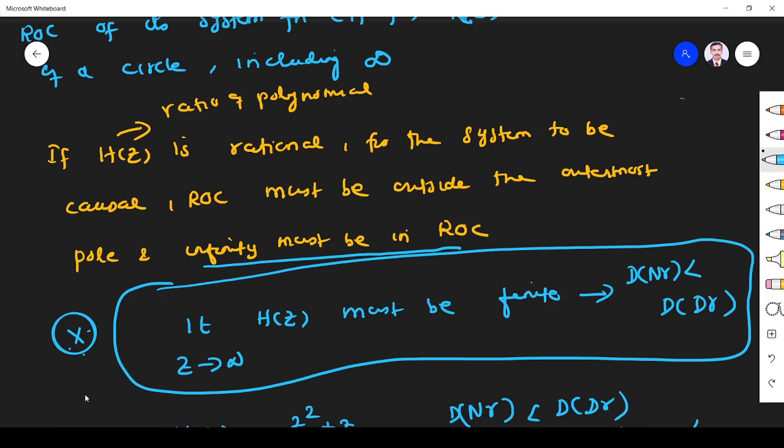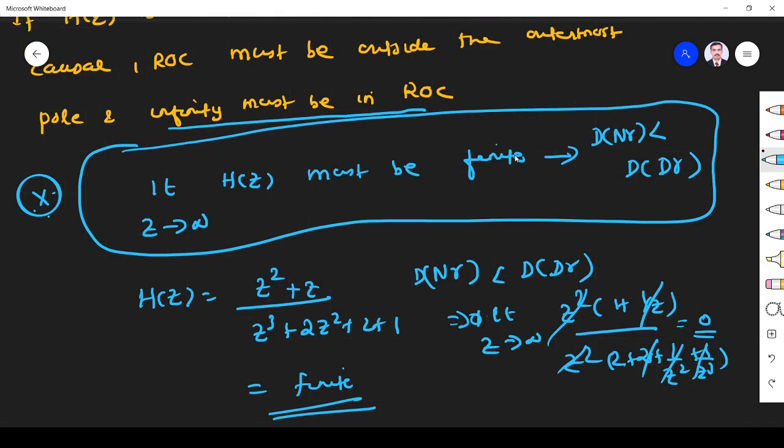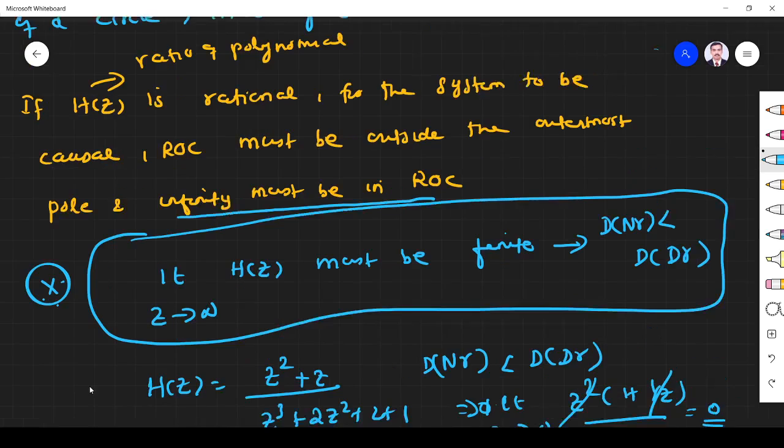Infinity in the ROC means the degree of the numerator should be less than the degree of the denominator. By seeing the degree of the function itself, you can say whether the system is causal or non-causal. Okay, so these are all the points we must keep in mind.